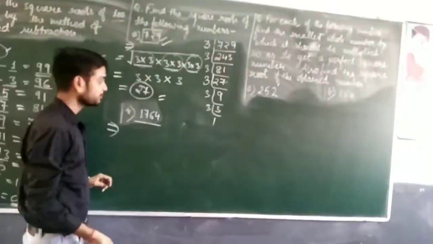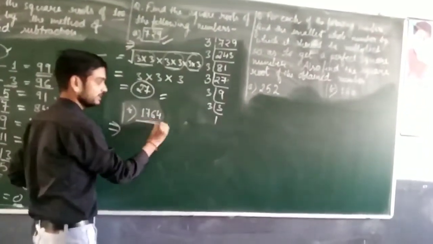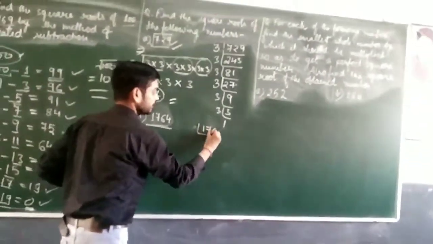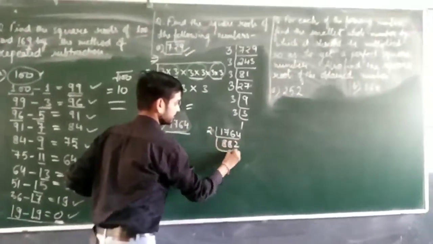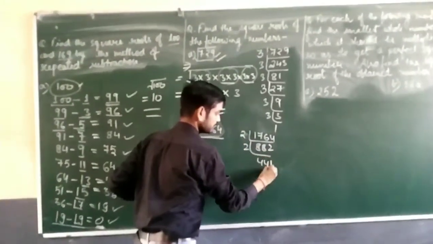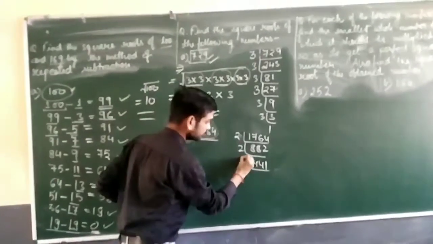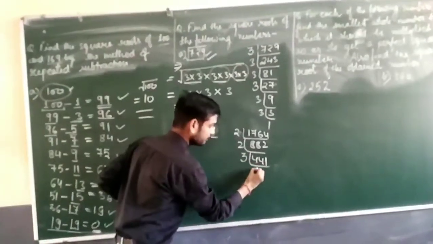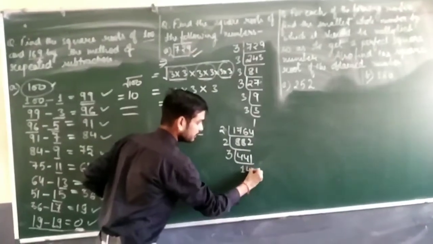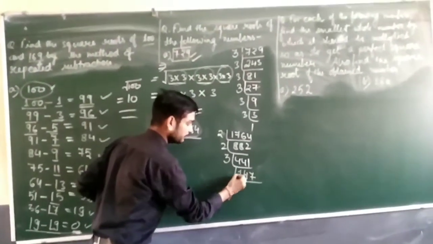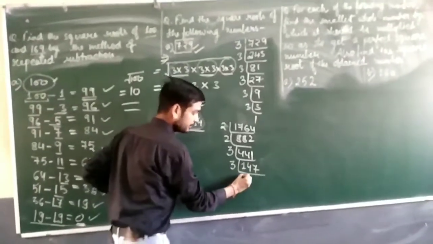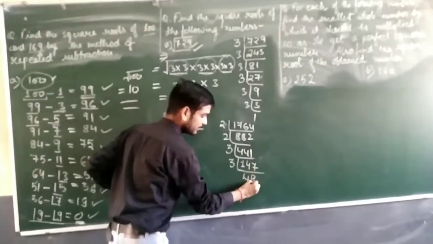Let's see the next. Similarly, students, we will try this question. Firstly, we will find the factors of this. 2 8s are 16, 2 8s are 16, 2 2s are 4. Then again from 2, 2 4s are 8, 2 4s are 8, 2 1s are 2. Then again from table number 3, 3 1s are 3, 3 4s are 12, then 3 7s are 21. Then again we can solve it by the table of 3, 3 4s are 12, 3 9s are 27.